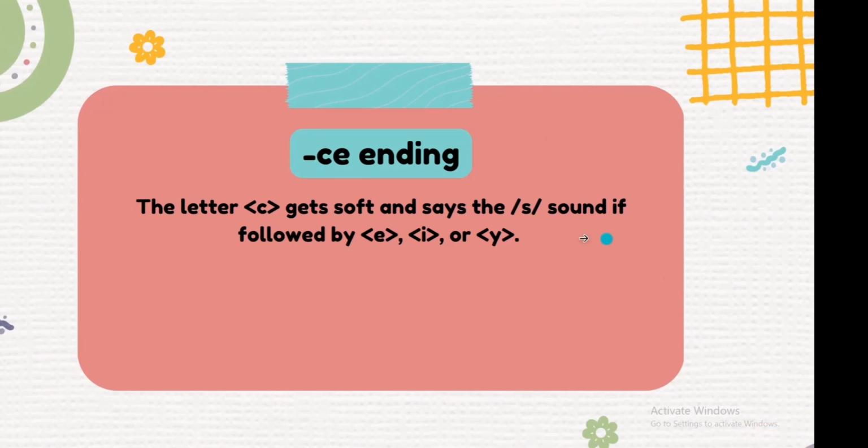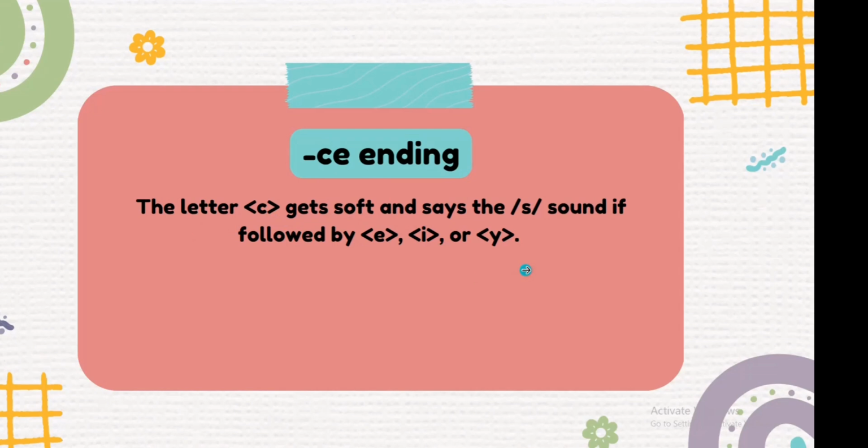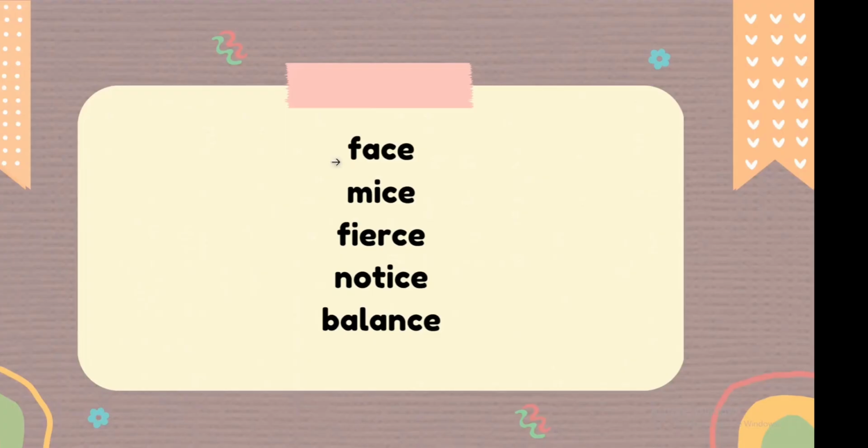Okay? Now the next thing is the CE ending. Whenever letter C is followed by E, I or Y, it gets soft and it says the /s/ sound. So you will find so many words that are ending in CE with a /s/ sound. For example, face, mice, fence, notice, balance.